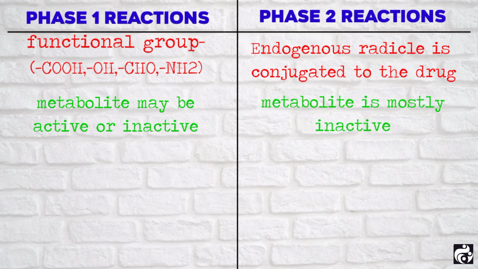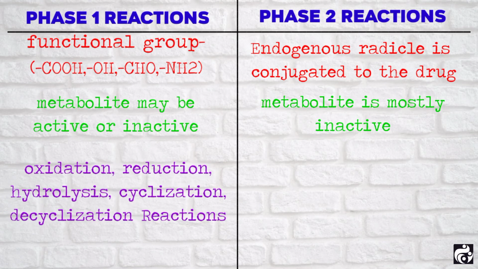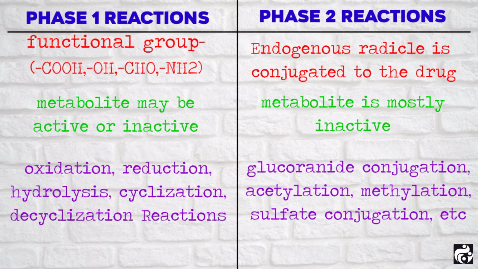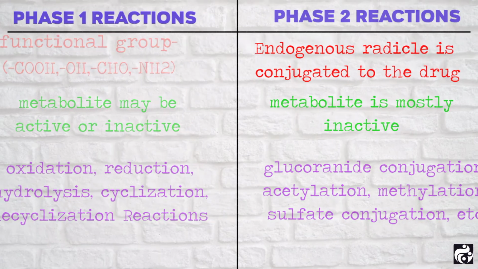The metabolite is mostly inactive. Non-synthetic reactions include oxidation, reduction, hydrolysis, cyclization and decyclization reactions. And synthetic reactions include glucuronide conjugation, acetylation, methylation, sulfate conjugation, etc.